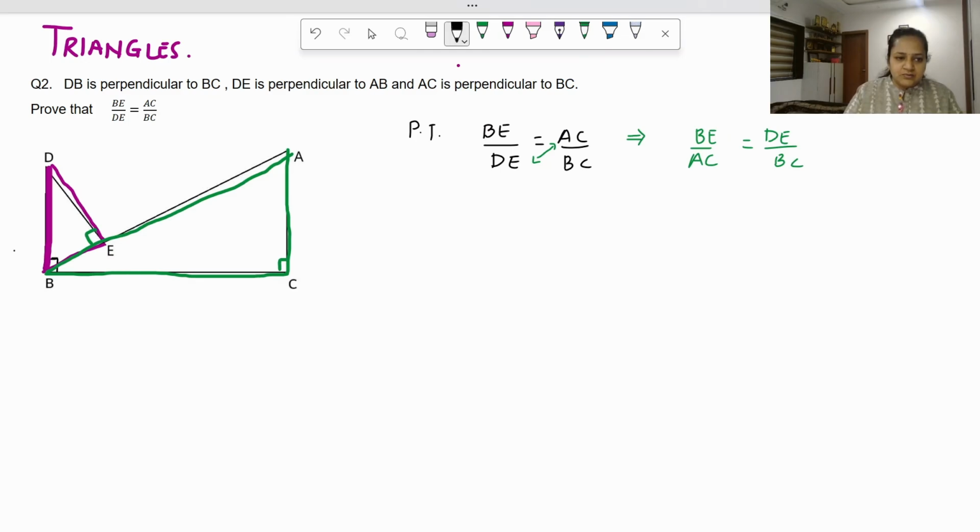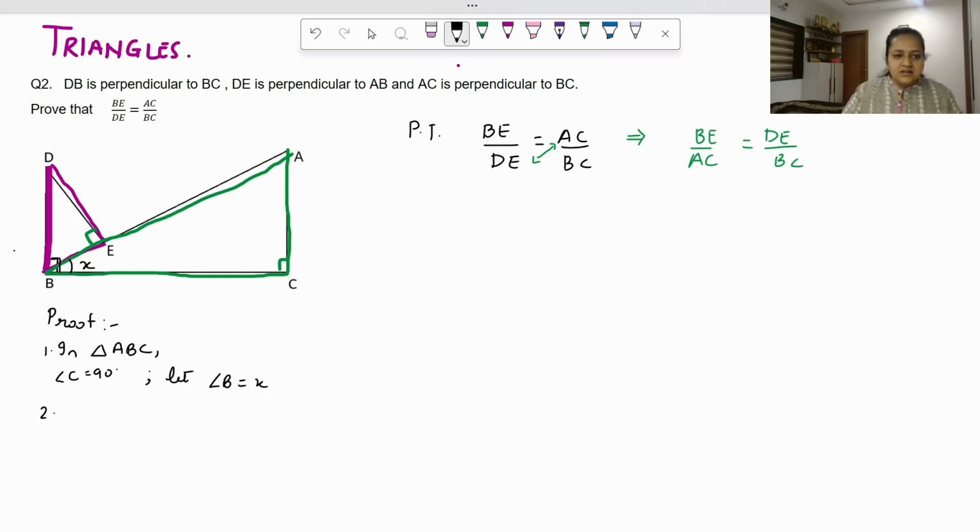So in the proof, we'll say in triangle ABC, we know angle C is 90 and let angle B be X. That means we are calling this angle X.